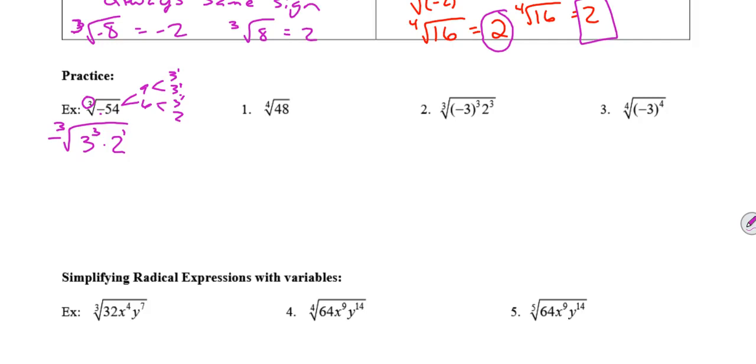And now, using our properties, I now have negative third root of 3 to the third power times the third root of 2, right? There's only one negative sign. This, we know, cancels out, so that gives me negative 3. And then we'll have this third root of 2 left over, okay?